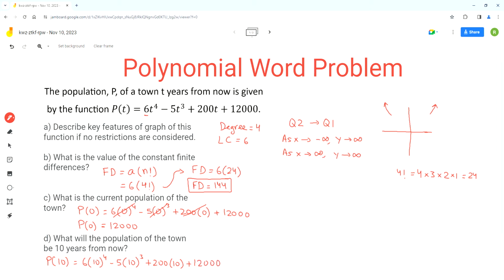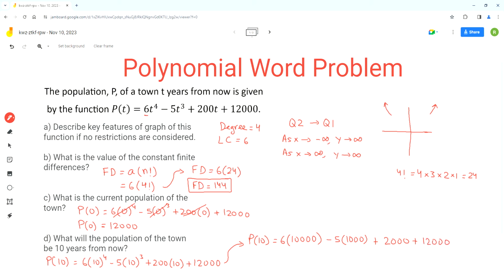Now we have to evaluate this expression. So P(10) becomes 6 times 10,000 minus 5 times 1,000, since 10 to the power 4 is 10,000 and 10 to the power 3 is 1,000, plus 2,000, since 200 times 10 is 2,000, plus 12,000.